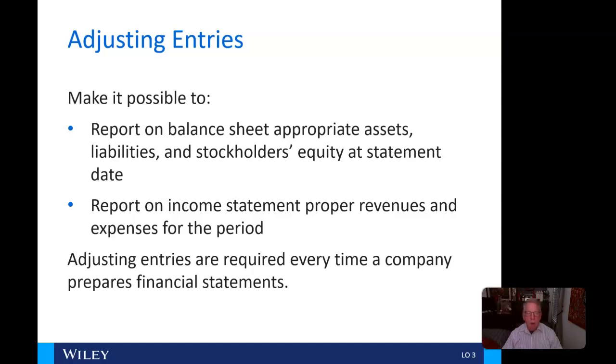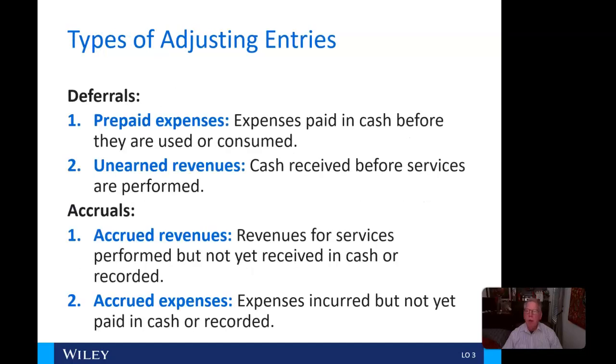Adjusting entries are required every time a company prepares financial statements. So we call these kinds of adjusting entries here deferrals. And deferrals are expenses that are going to be postponed before we find them in the income statement.